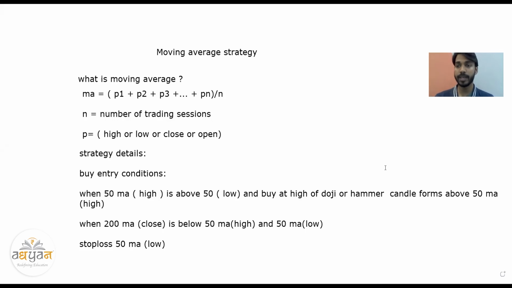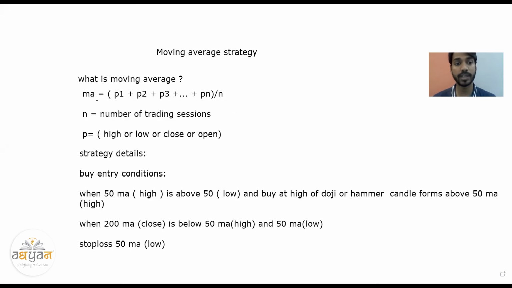So we will be discussing the strategy now. The strategy that I'm going to explain to you is a moving average based strategy. So let's understand what a moving average is. Moving average is nothing but the average of all the prices from the last n number of trading days.